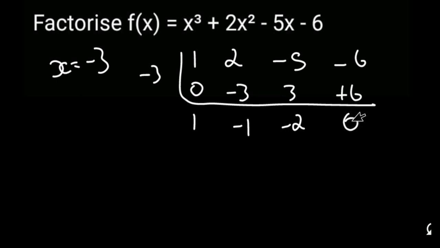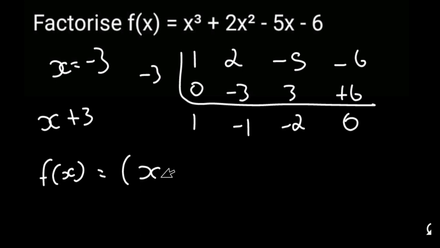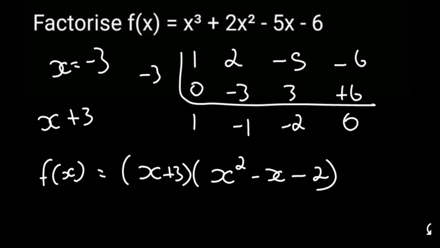Once you get the remainder of 0, that means x plus 3 is a factor of f of x. Then to factorize it, f of x equals x plus 3 times x squared minus x minus 2. That's how you factorize f of x by synthetic division.